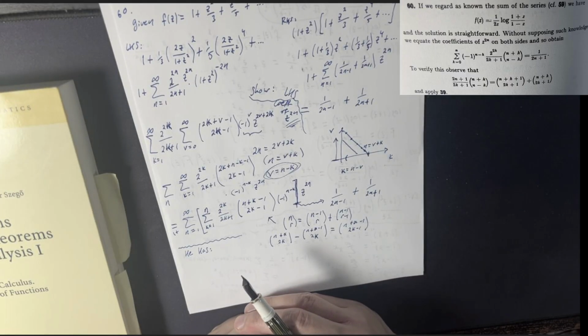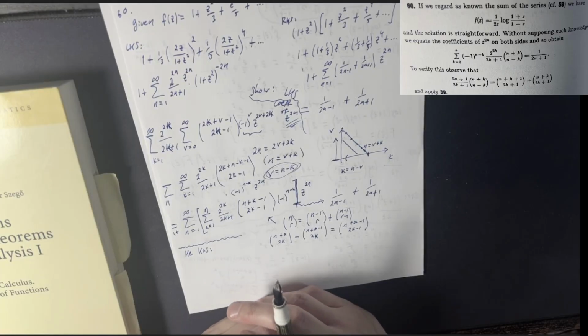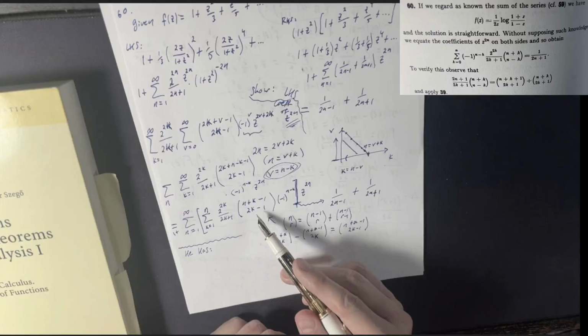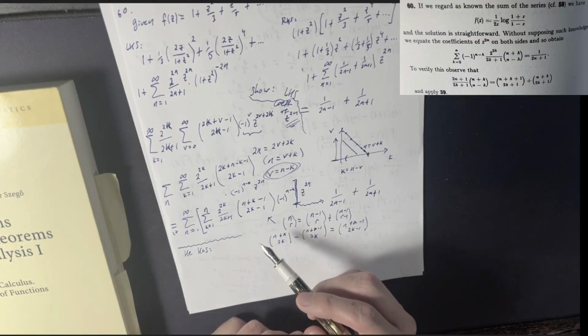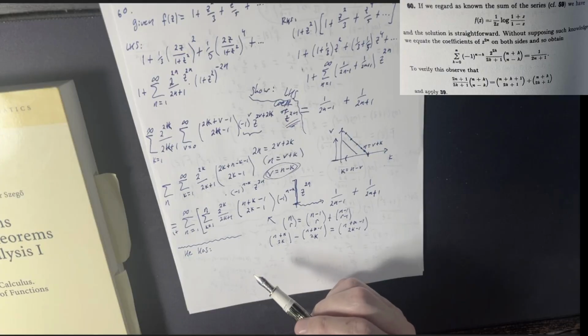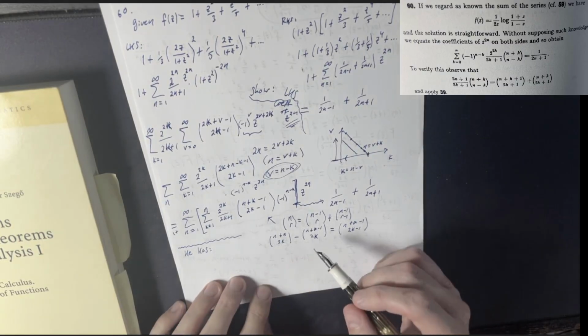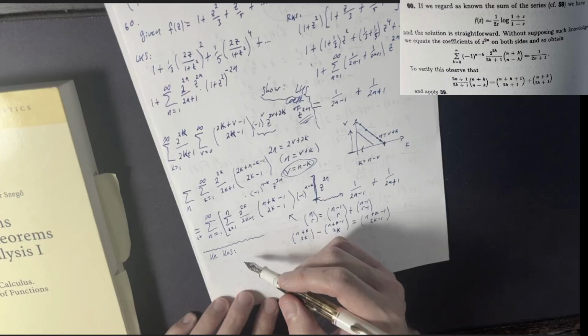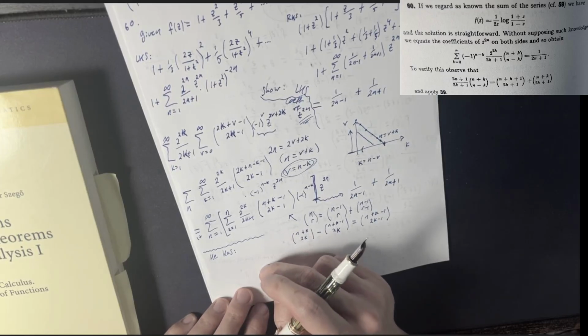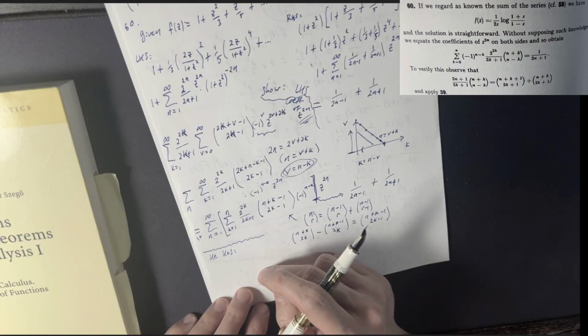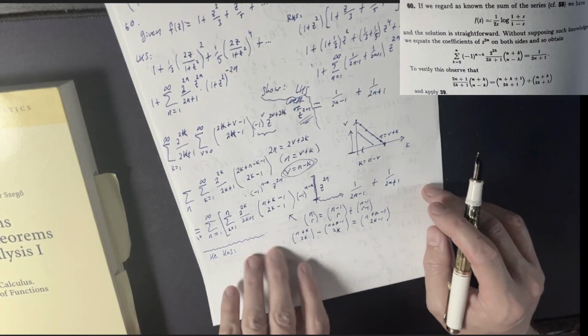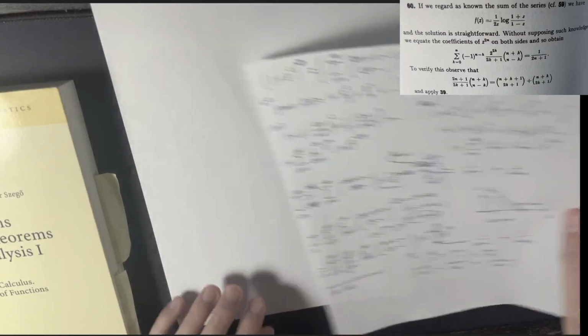I'm trying to see how right now. 2k minus 1. So yeah, I'm running out of room. Let me come back to that.